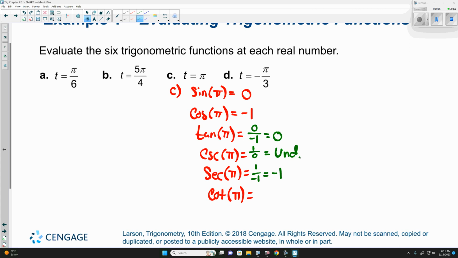How about cotangent? So cosecant and cotangent are undefined at pi.